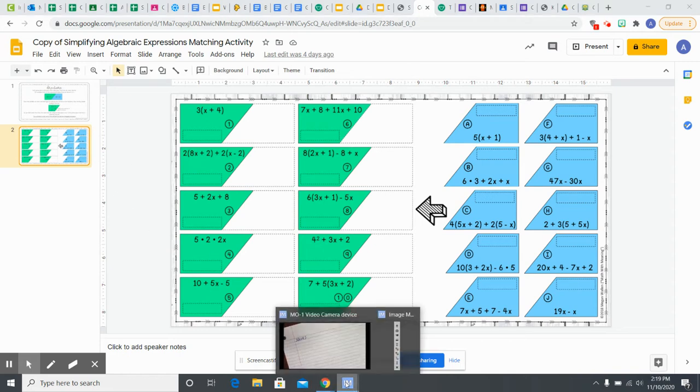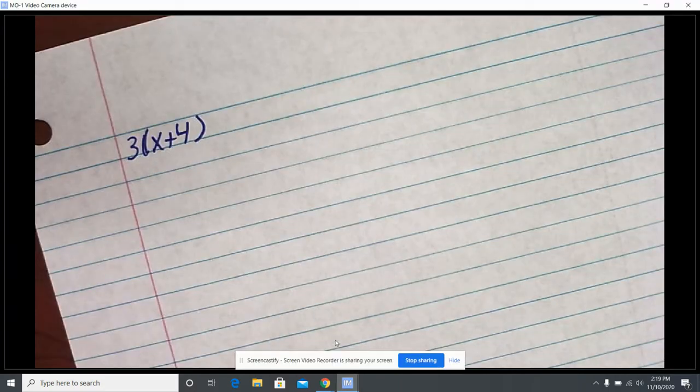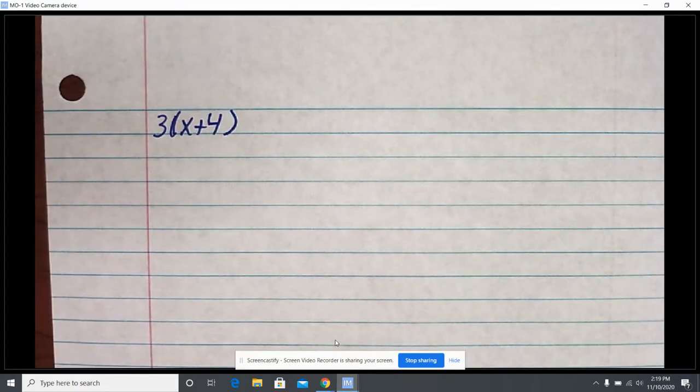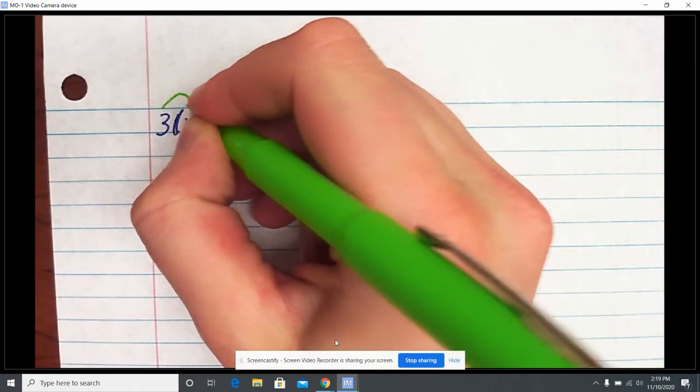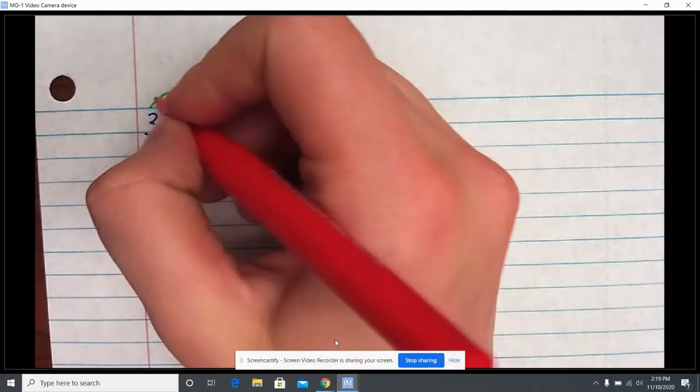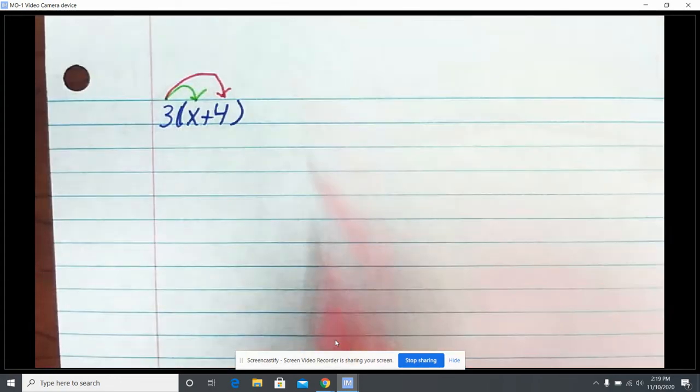Let me pull up the camera. Okay. So we've got our distributive property we're going to do here. So all that's happening is I am distributing out my 3 with my x, and I'm also distributing out my 3 with my 4, okay?